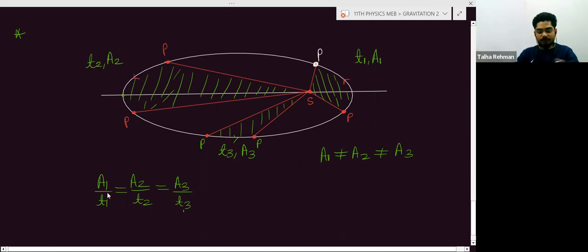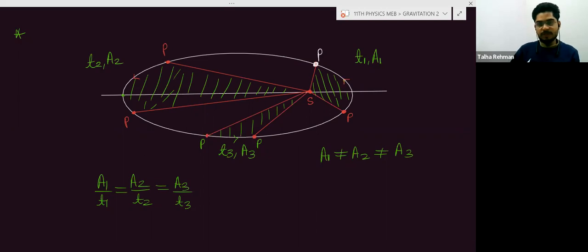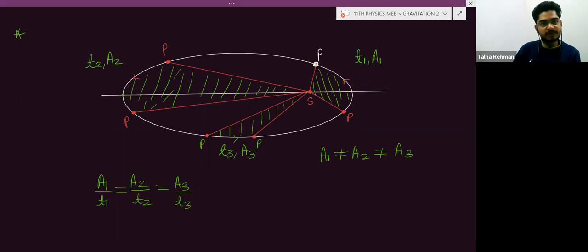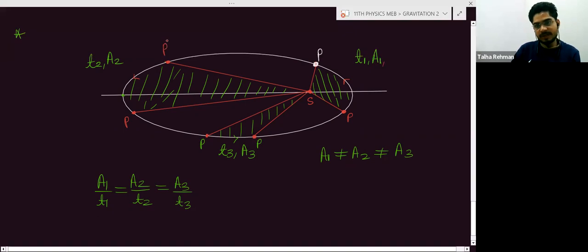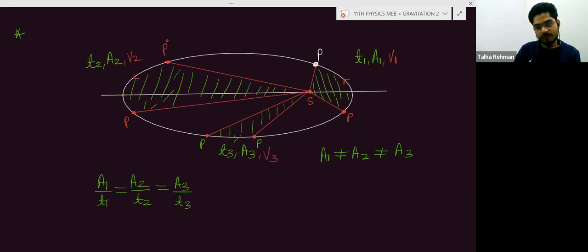So here the velocity of motion of the planet will be different. If the velocity is v1 here, v2 here, and v3 here, then v1 is not equal to v2 is not equal to v3.